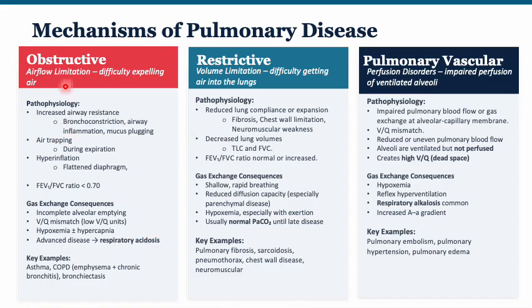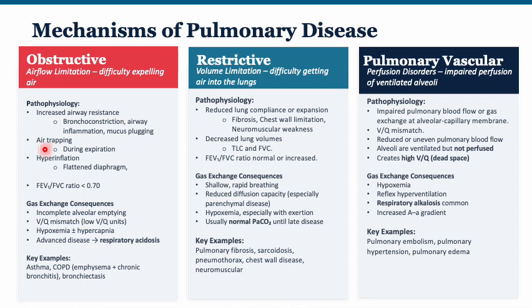So in an obstructive state, there's an airflow limitation. A lot of times it may be difficult for the air to be expelled. Pathophysiology, you can have increased airway resistance is one way, from like a bronchial constriction, airway inflammation, or mucus plug.